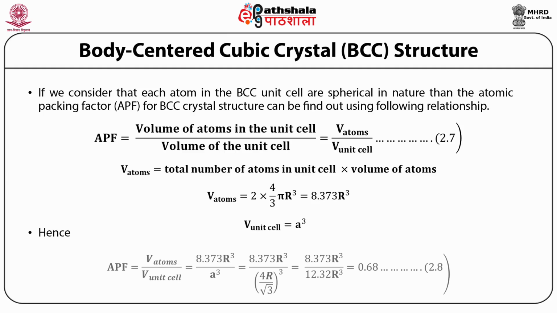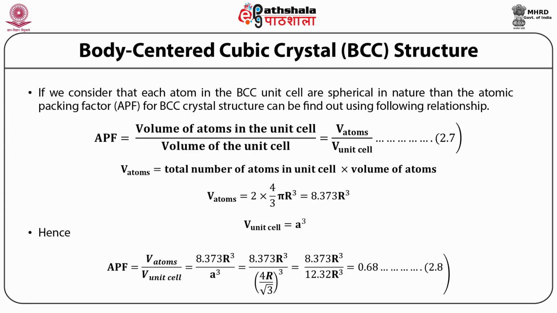Hence, APF is equal to V atoms by V unit cell, which is 8.373 r cubed divided by a cubed, and after putting the value of a, that is 4r by root 3 the whole cubed, it is equal to 0.68.